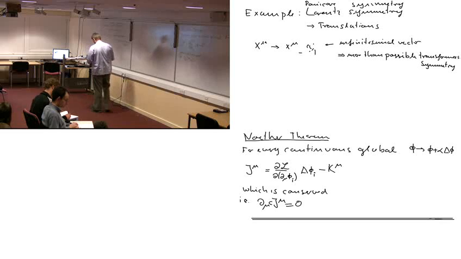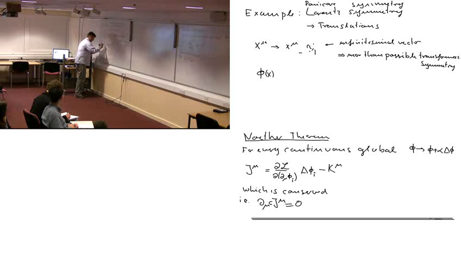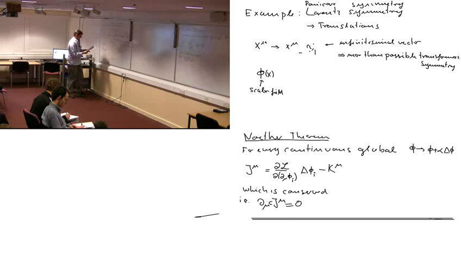Now, we want to calculate our changes in the fields and also our changes in the Lagrangian. How do we get the changes in the fields? Well, let's do it for a scalar field. We have done our translation. After our translation, we have moved our point to x minus a.